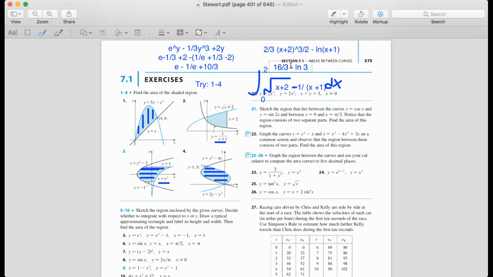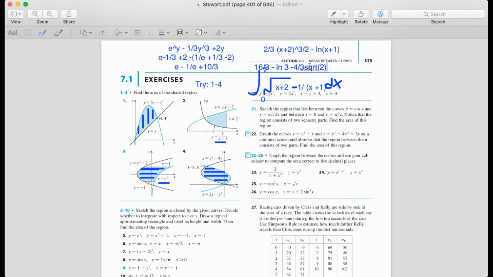But what about at 0? Subtract at 0. At 0, I only have 0 plus 2, that's just 2 raised to 3 halves. Right? 2 raised to 3 halves can be simplified as 2 square root of 2. That becomes 4 radical 2 over 3, or 4 over 3 square root of 2.